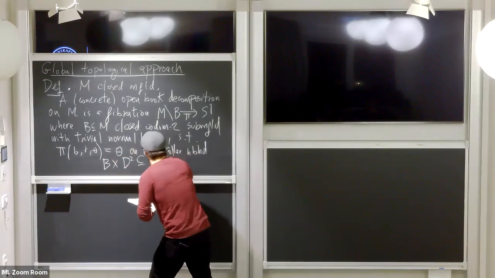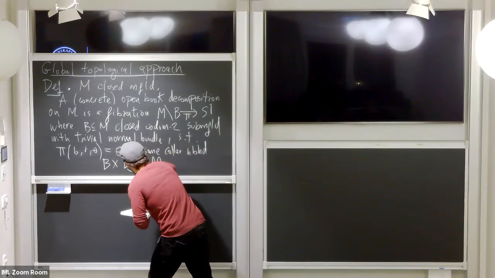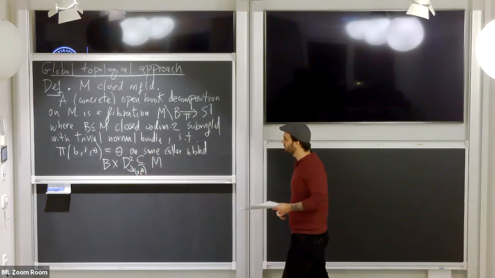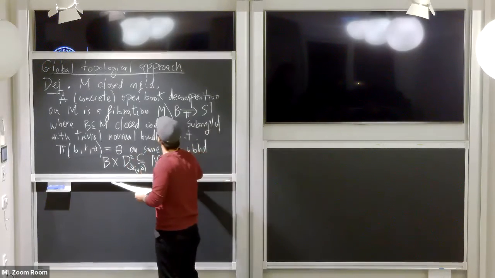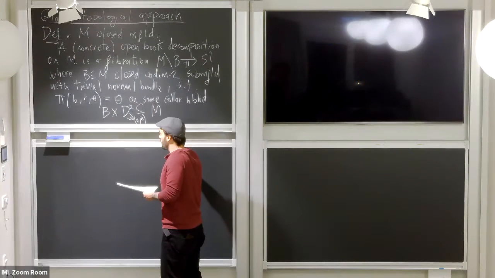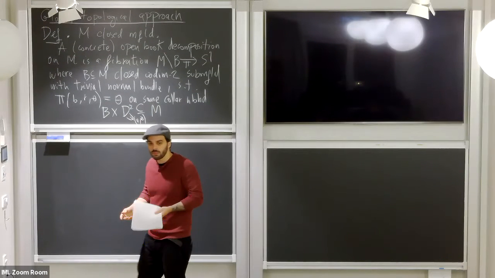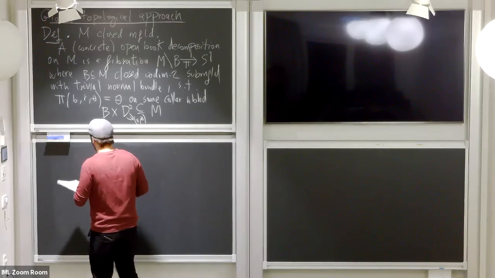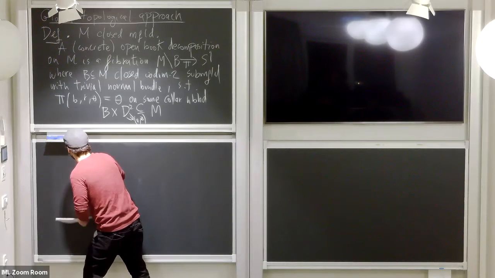This collar neighborhood sits inside M, and here theta is the polar coordinate on the 2-disk. I'm assuming that B has trivial normal bundle, so I can always find trivializations of its normal bundle, which amounts to taking some collar neighborhood of it. So the picture is roughly like this.